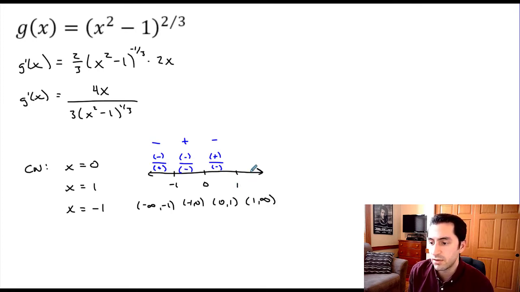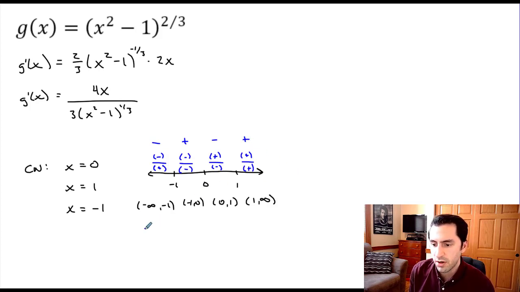And then our last interval, we're going to pick out a number that's bigger than 1. It's positive, so again, our numerator is positive. Something bigger than 1 squared, that's a positive number, which ends up being bigger than 1, so -1, our parentheses here end up being a positive number. Positive number to the 1/3 power stays positive. So we have a positive divided by a positive. So overall, we get a positive for that as well.